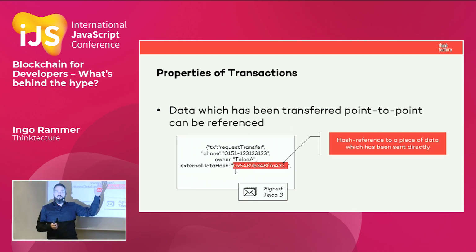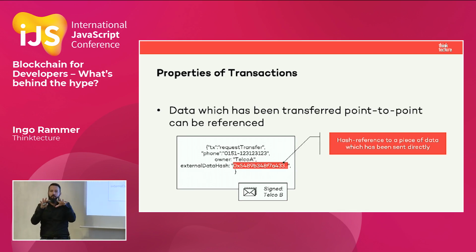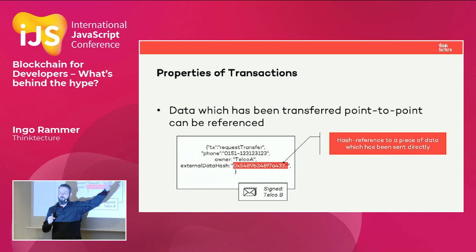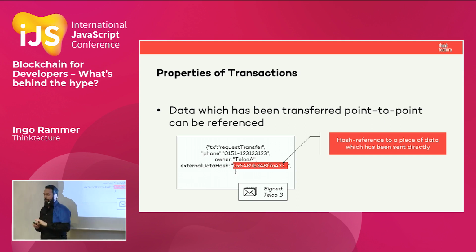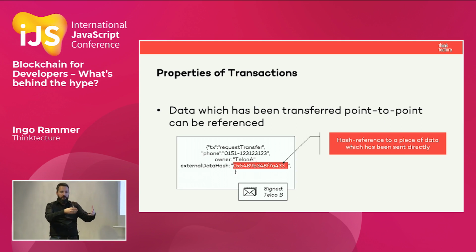Or, and that's what, for example, Hyperledger Fabric or Quorum does, you can send the data point to point, so you don't even put the actual data on a blockchain, not even in encrypted form. You send it point to point and only put a hash code to this point-to-point transaction on a blockchain. So in the first stage you go directly from telco B to A and send the information, and then in the transaction you only send the hash code of the existing data. And the node would process it.